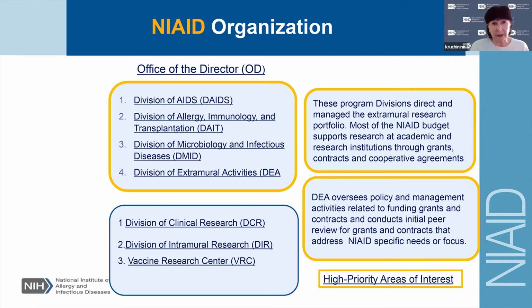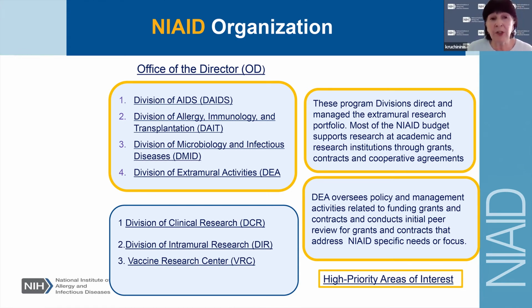Let's talk about our institute, the National Institute of Allergy and Infectious Diseases. I don't think I need to introduce our director, Dr. Fauci. Within the institute, we have 7 divisions, 4 of them extramural divisions. The first 3 are the Division of AIDS, the Division of Allergy, Immunology, and Transplantation, and the Division of Microbiology and Infectious Diseases.